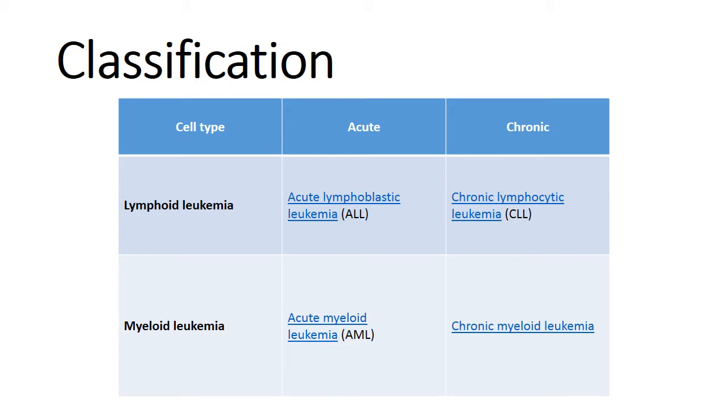While according to the origin of malignant cells, it is classified into lymphoid and myeloid leukemia. Then we have four types of leukemia: acute leukemia in the form of acute lymphoblastic leukemia and acute myeloid leukemia, chronic leukemia in the form of chronic lymphocytic leukemia and chronic myeloid leukemia.